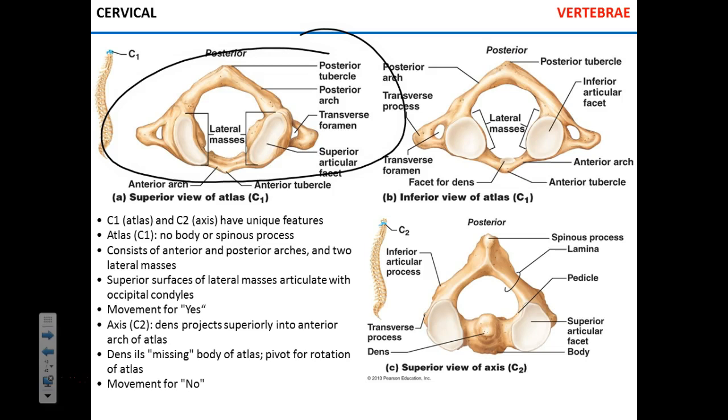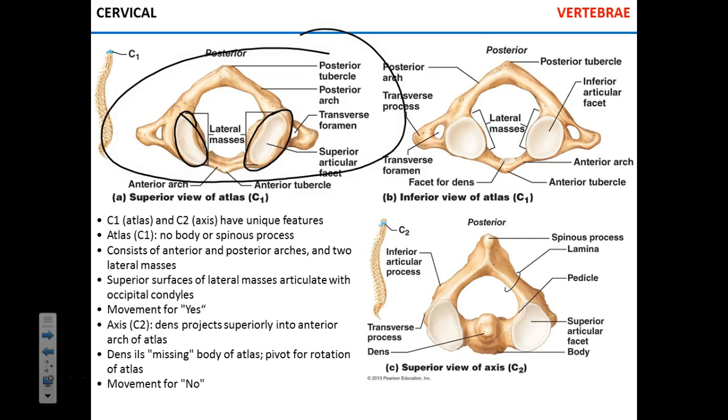You can see that the atlas, or first cervical vertebrae, doesn't have a body and doesn't have a spinous process. I mean, it's not really a spinous process right here. It does have transverse foramina, and it does have articular facets. These articular facets articulate with specific structures on the occipital bone of the cranium.